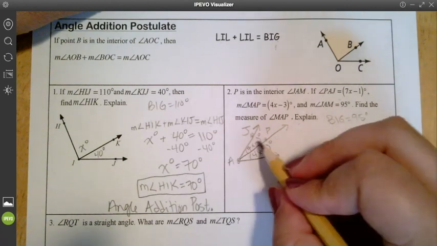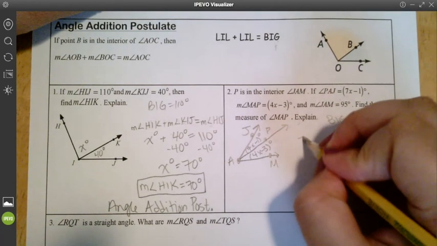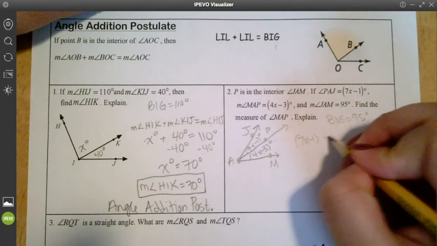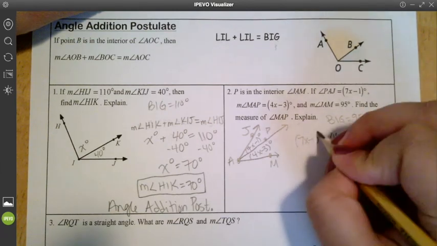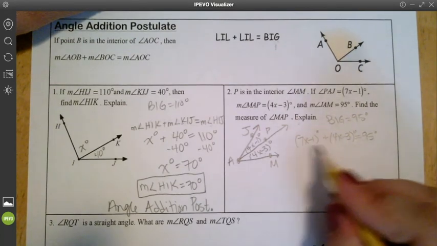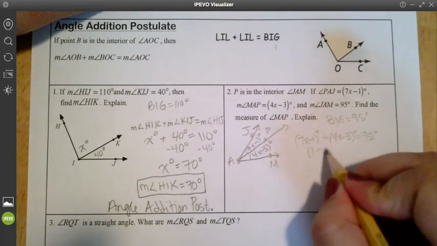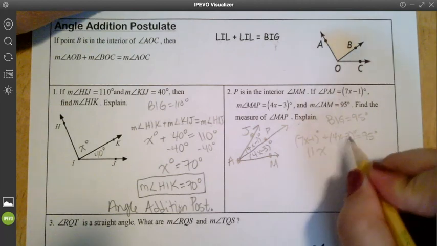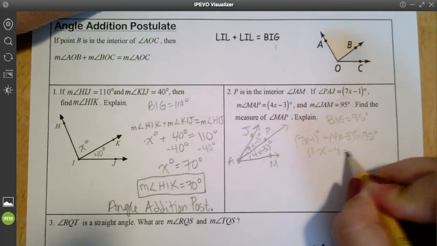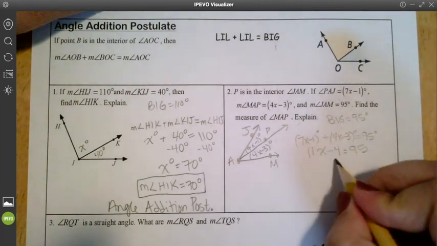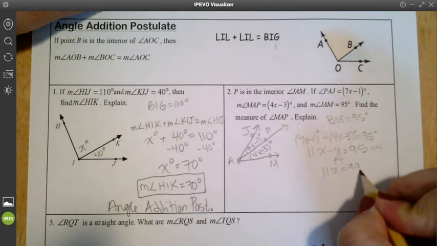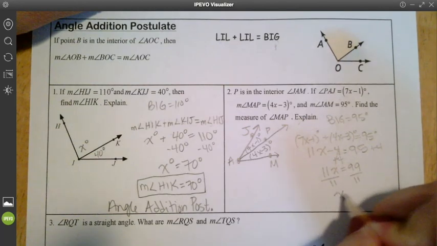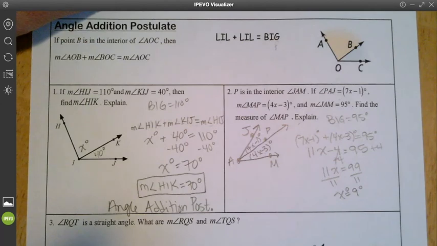Let's start by saying little plus little is big. So we have 7x minus 1 plus 4x minus 3 equals 95 degrees. Combining like terms, 7 plus 4 is 11x. Minus 1 minus 3 is minus 4 equals 95. Plus 4, 11x equals 99. Divided by 11, x equals 9 degrees. Okay, these are all in degrees.